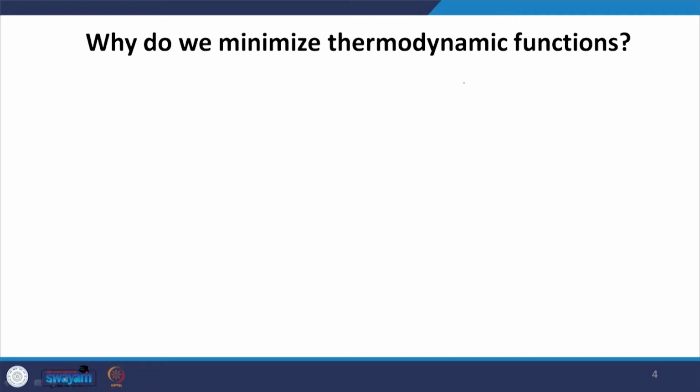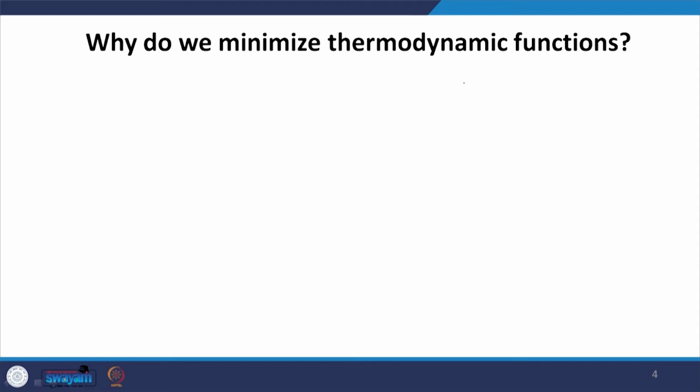And what thermodynamics says is that we need to minimize these energies, and when I say minimization, it means different things in different contexts. So, I am coming to the point of why do we minimize the thermodynamic functions and which thermodynamic functions we should minimize under which particular condition. So, let us get on this by using some examples.